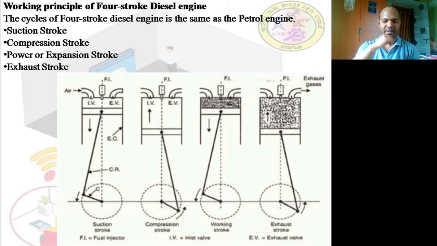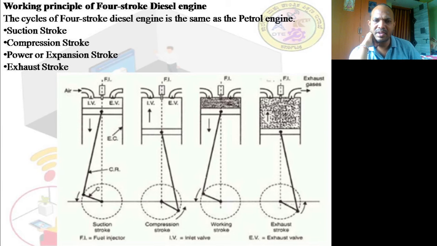In place of a fresh charge, in a petrol engine we see a mixture of petrol and air coming inside the cylinder, whereas here only air will enter the engine cylinder, not diesel. Only fresh air enters the engine cylinder. That is one observation you can make.